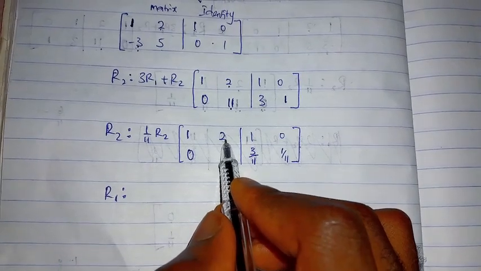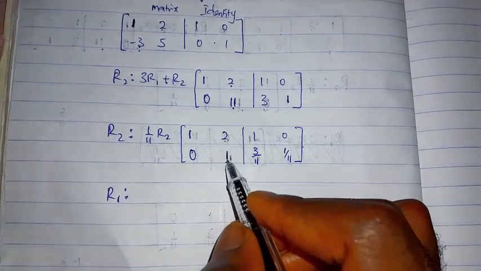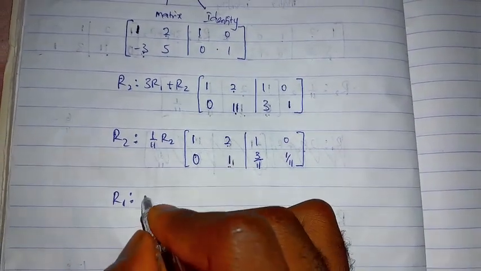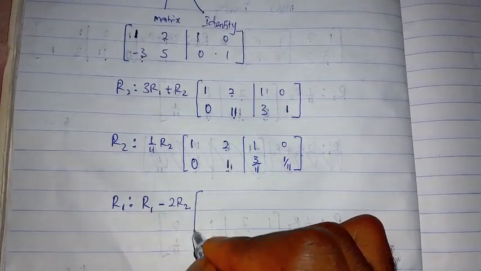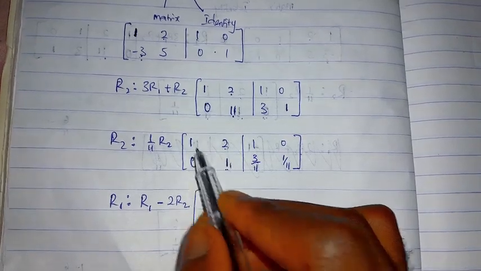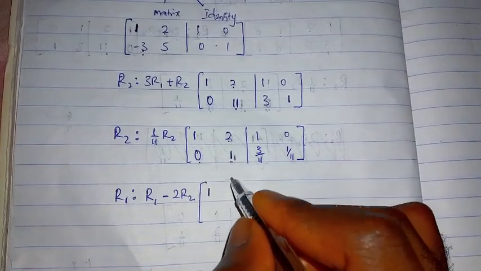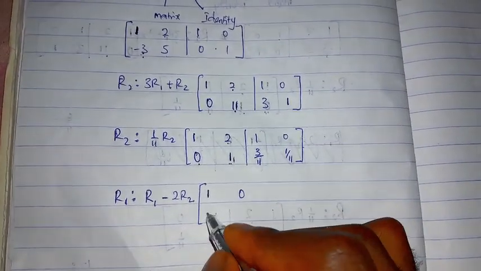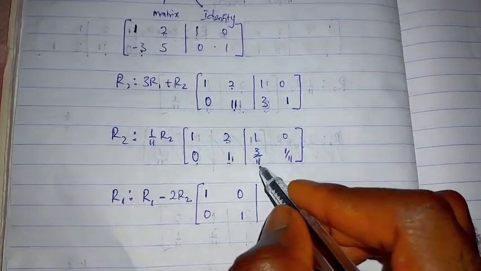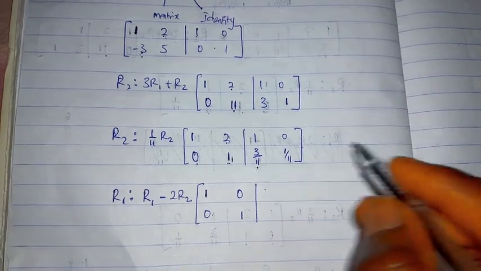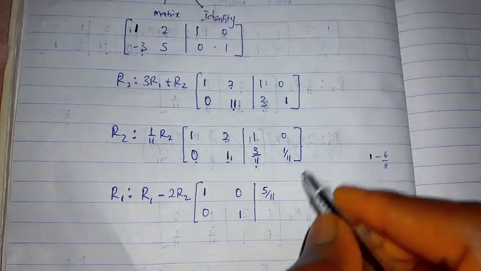Then finally, in Row 1, I want to convert this 2 to 0. It's by saying Row 1 minus 2 Row 2. Using that, I have 1 minus 2 times 0, which is 1. 2 minus 2 times 1 is 0. Then on the identity side, 1 minus 2 times 3 over 11 is 1 minus 6 over 11, which becomes 5 over 11.